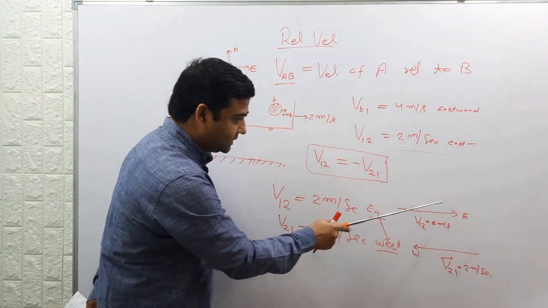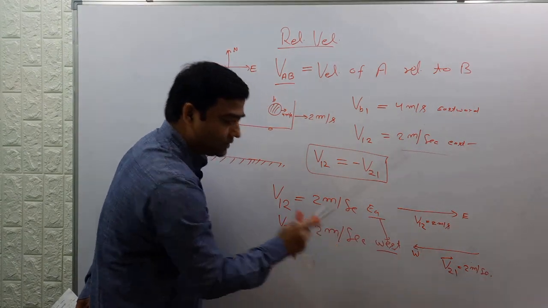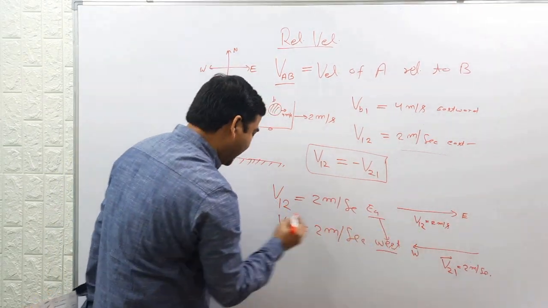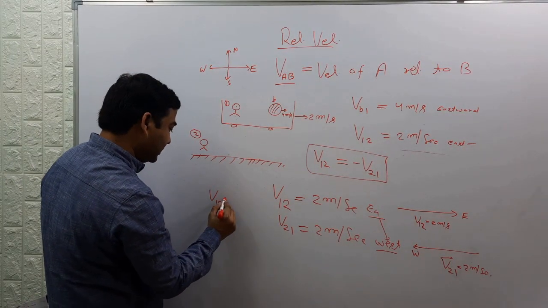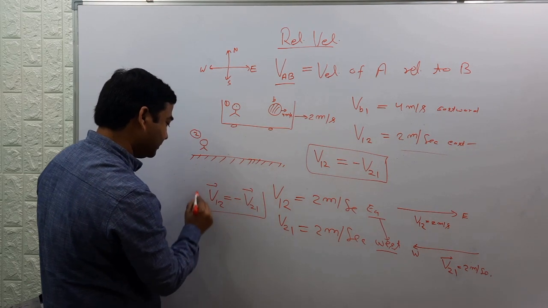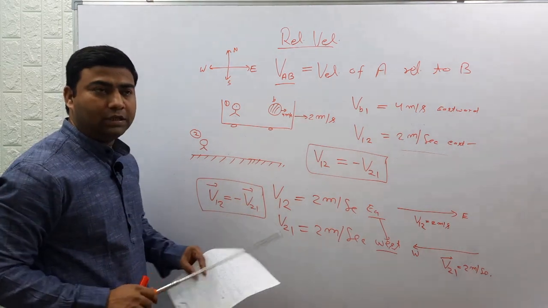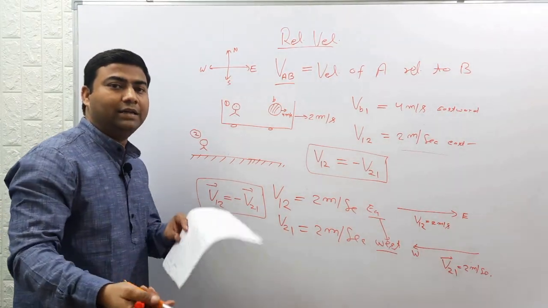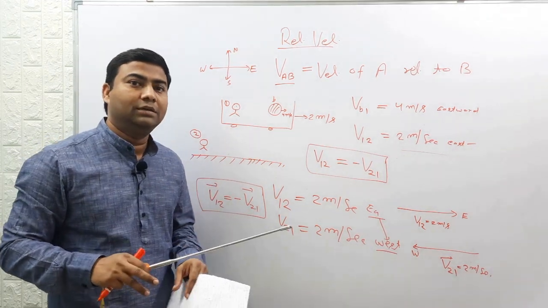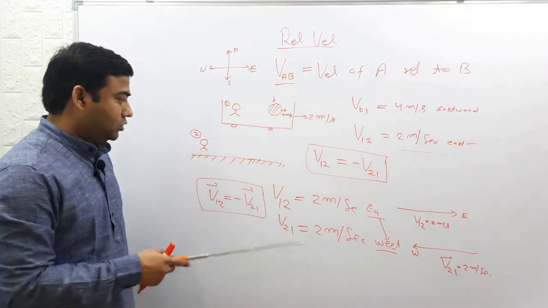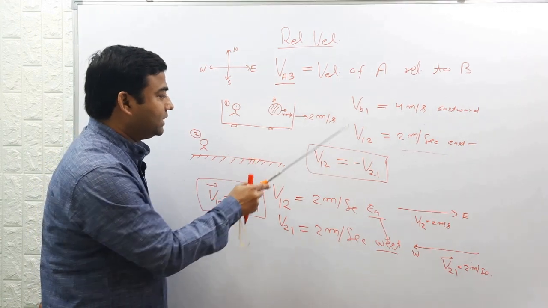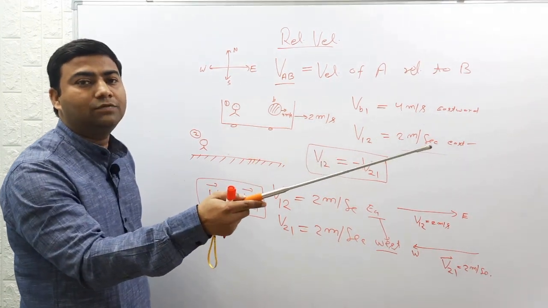So V12 is this vector and V21 is this vector. So from here you can easily say that vector V12 is equal to minus vector V21. That is, the relative velocity of 1 with respect to 2 and relative velocity of 2 with respect to 1 are the same in magnitude but opposite in direction. So when we change these terms 1, 2, velocity of AB, VAB is equal to minus VBA.